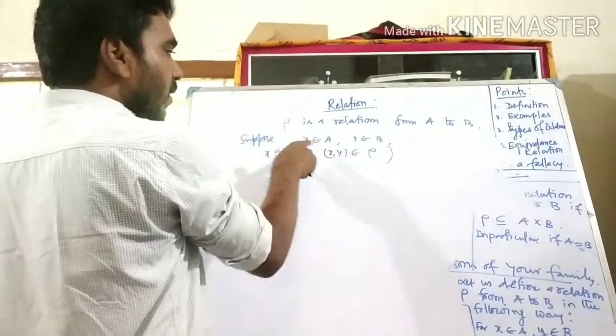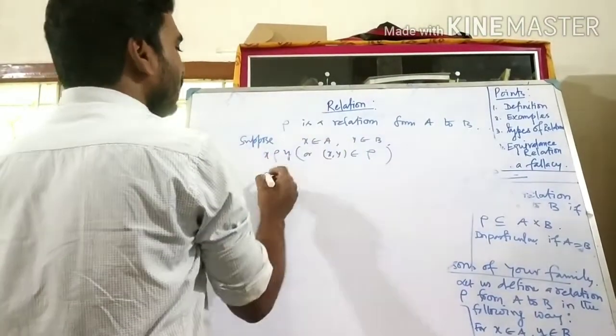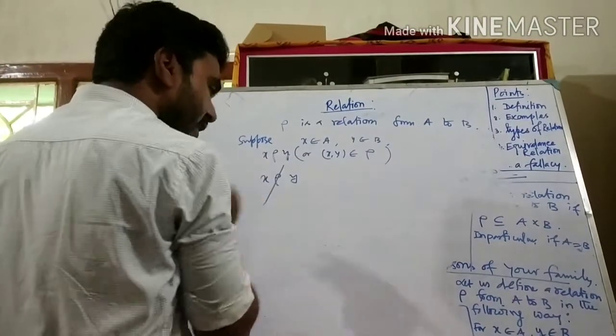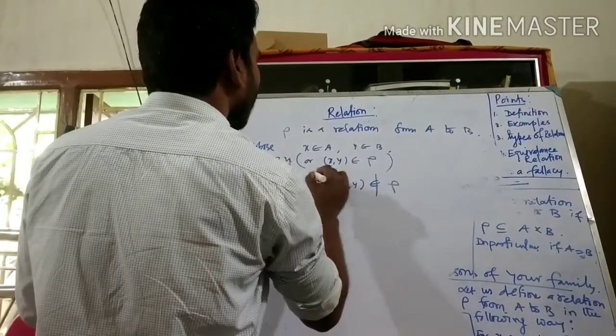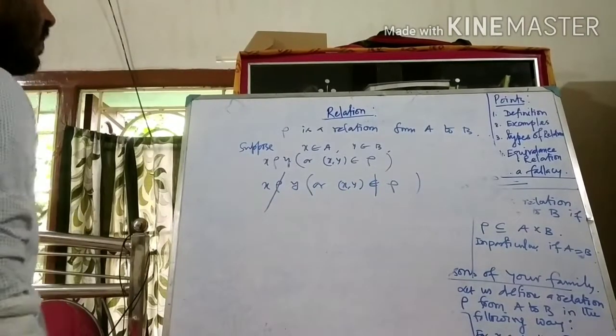If there is no rho relation between X and Y, then we denote it by this symbol, or we denote it by this symbol.